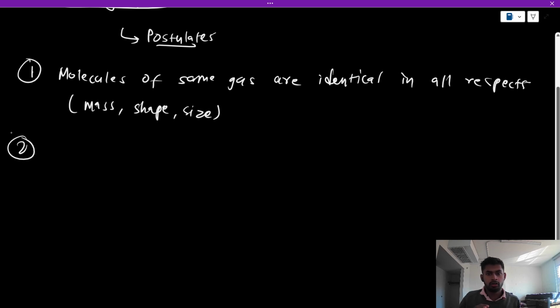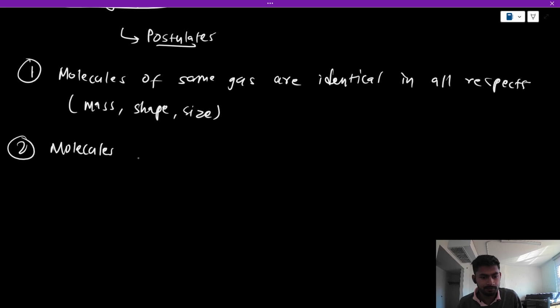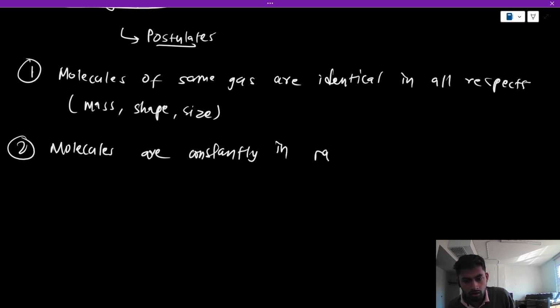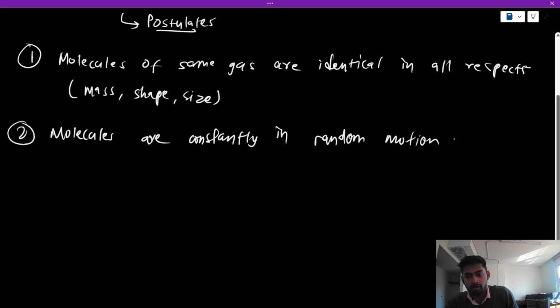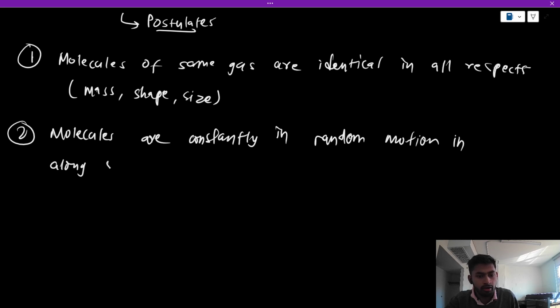The second postulate that is required to build the kinetic theory of gases itself, applicable in this scenario for ideal gases, would be: molecules are constantly in random motion, which is how molecules behave, but the assumption that comes with it is that they move along straight lines.